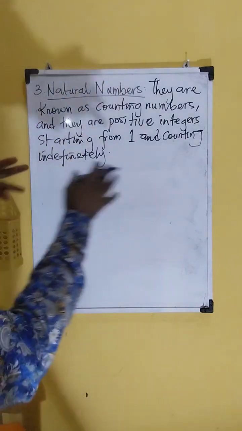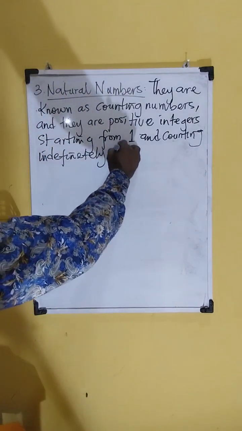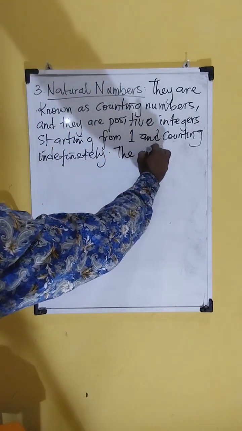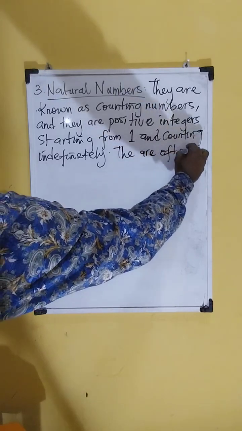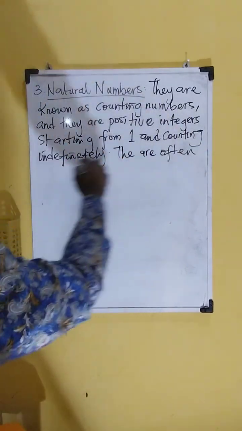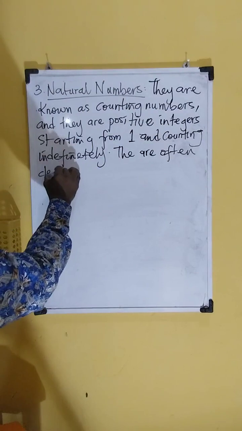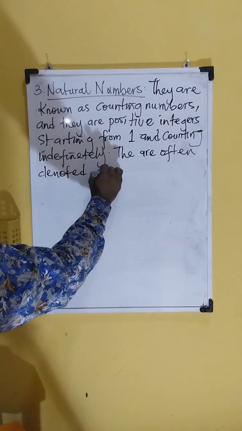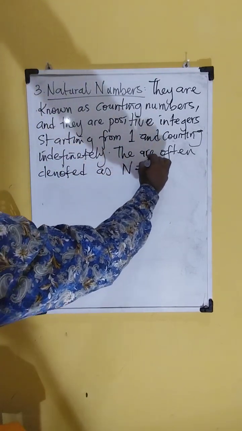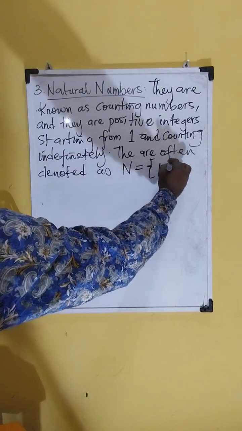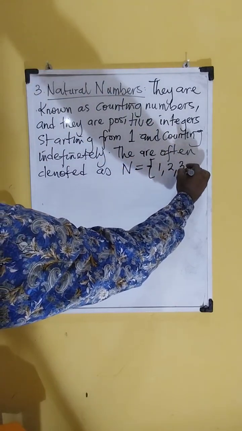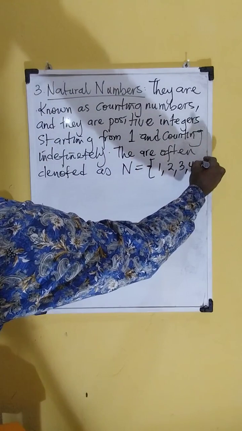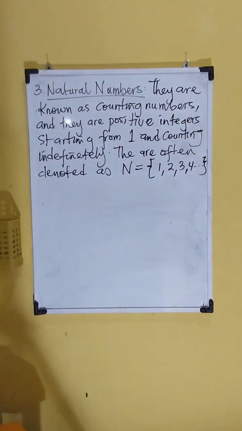They are often denoted as N: 1, 2, 3, 4. Did you see that?